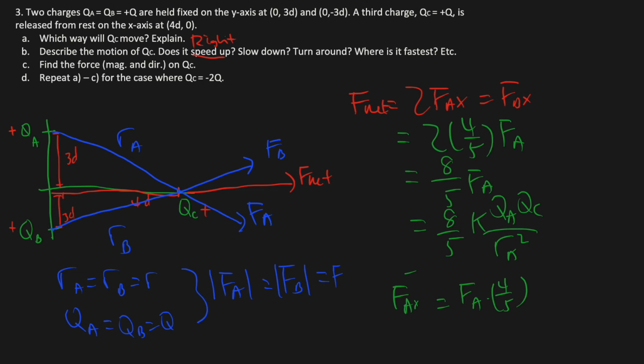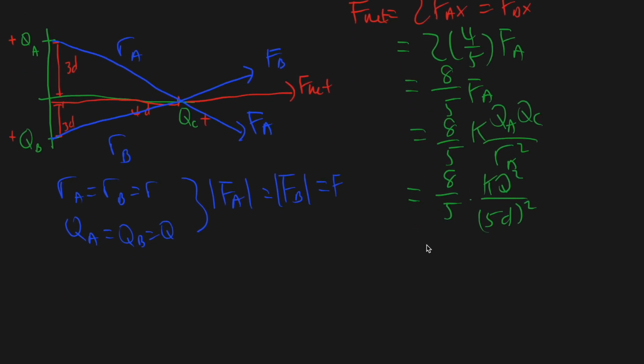Right? And we know RA is equal to 5D. So RA square is equal to 25D square. And we also know QA is equal to QB is equal to Q, and QC is also equal to Q. So this is going to become 8 over 5 times KQ square over 25D square, which is equal to 125 on the bottom, 8 on the top, times KQ square over D square.